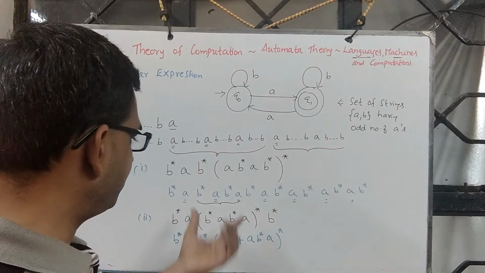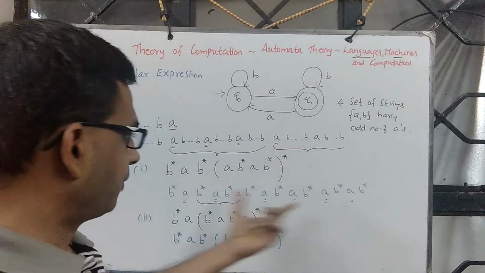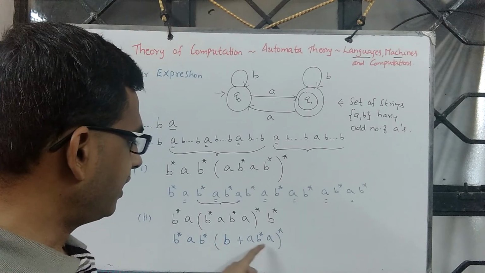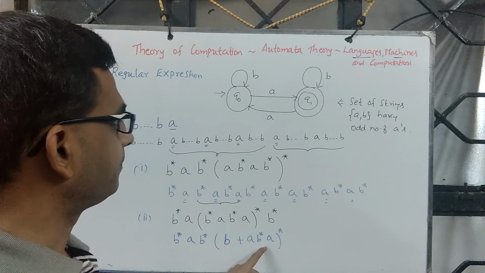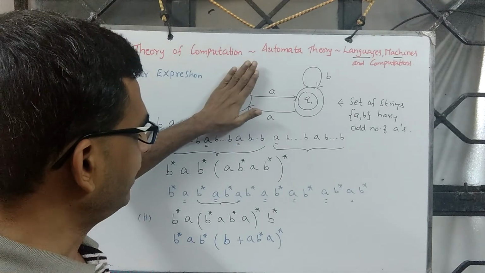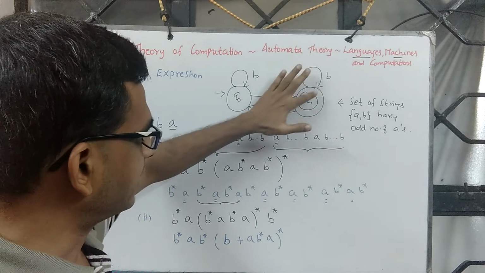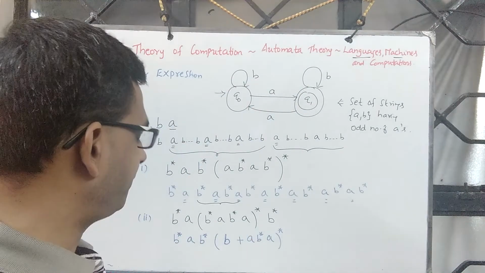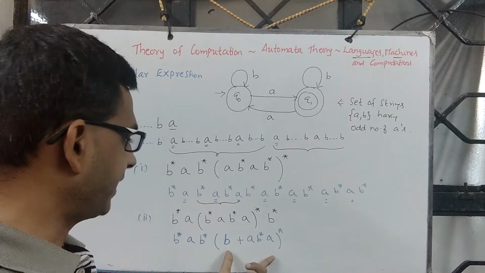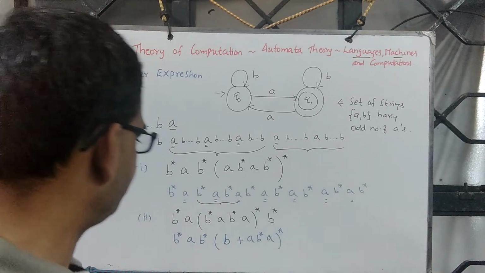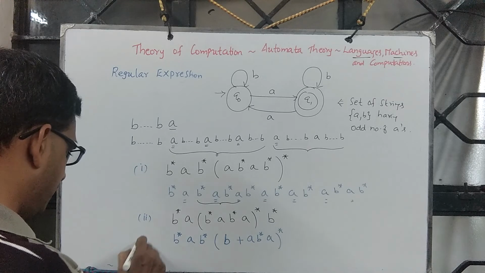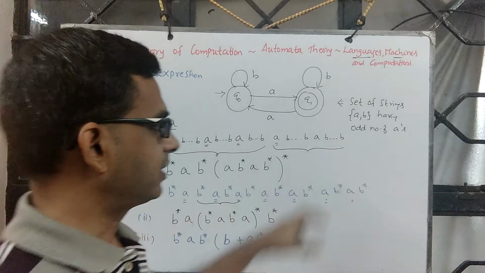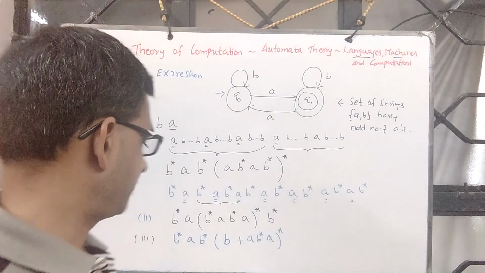So if you carefully observe this pattern, what do we see? You see that it is B or AB star A. It is B or AB star A. So this pattern is what we keep repeating. So one can also write this regular expression. Which means for the same language one can come up with many different expressions.